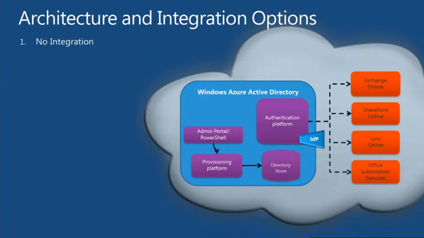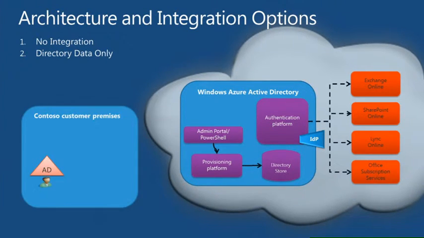If I'm just using cloud accounts, with no integration, I only require those services in the cloud. If I decide that I want some level of integration, I can go to what we'll call a directory data only type of integration, that first level. If I have a directory on-premise, I can install the directory sync tool, which allows me to provision my users automatically up into the cloud, into the directory, as well as the authentication platform.